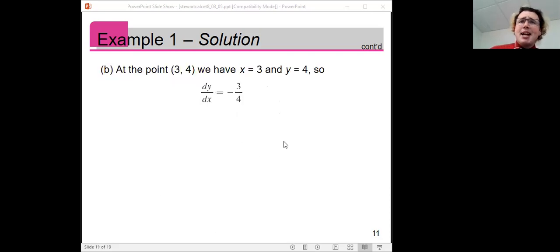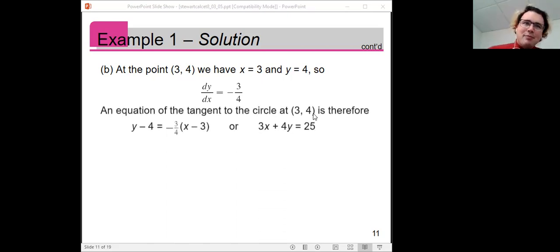So part 2, let's actually find the slope at coordinates 3, 4. So all I have to do is plug in x equals 3, plug in y equals 4, and I find that my slope is dy on dx equals minus 3/4. Now I can use that to find my tangent line.